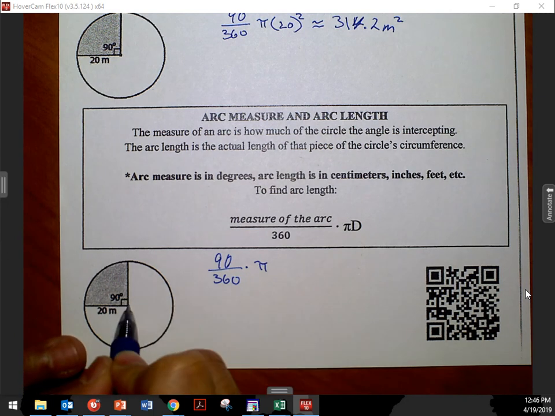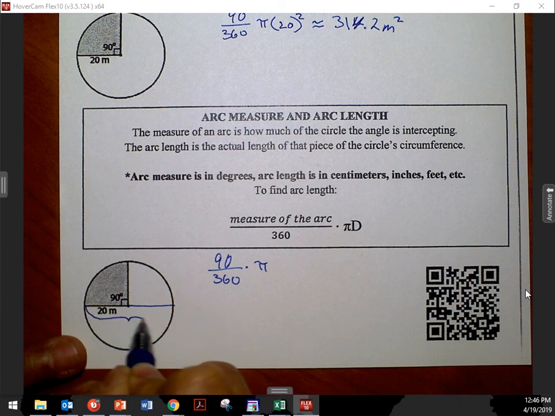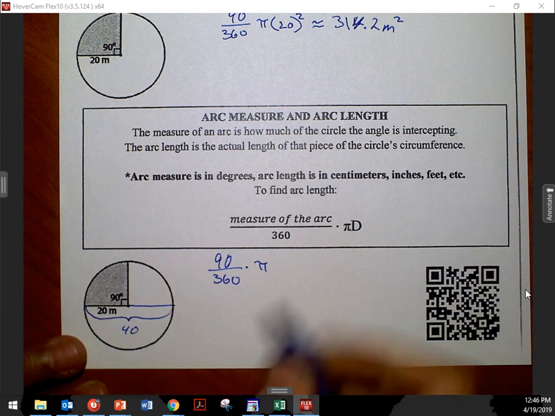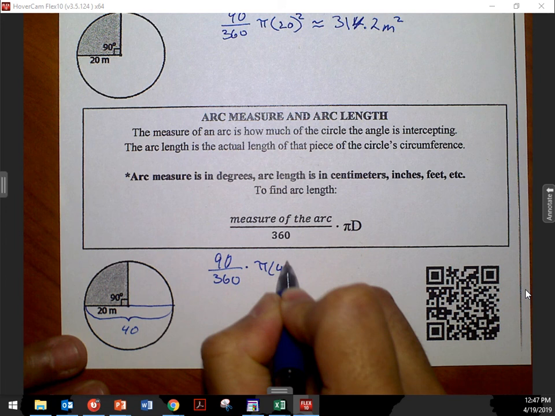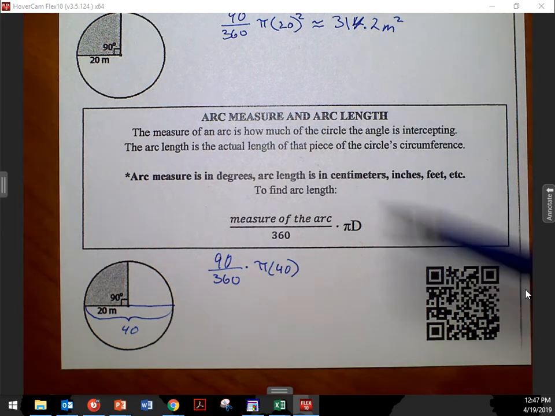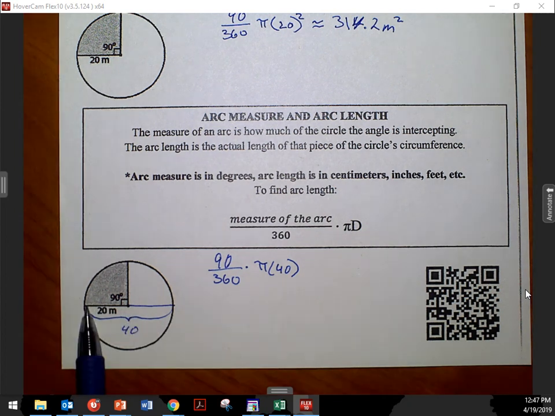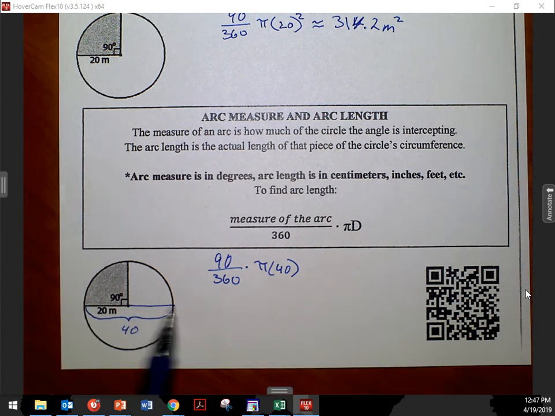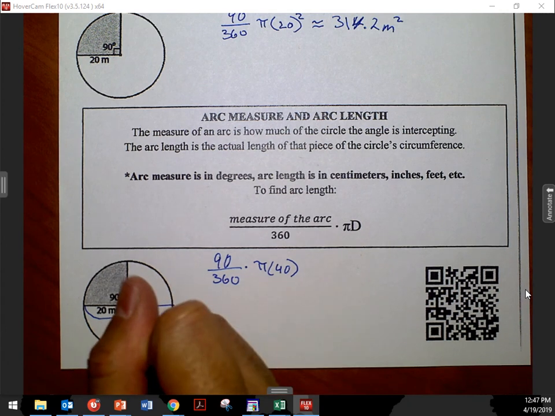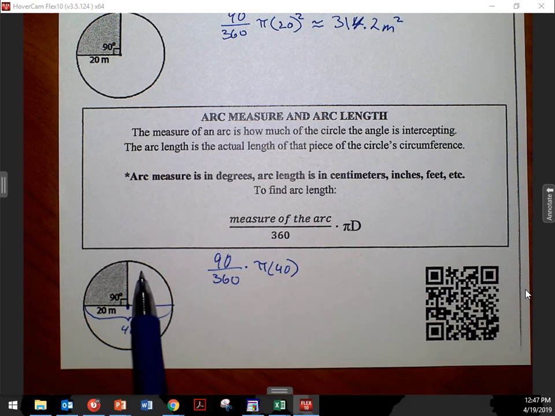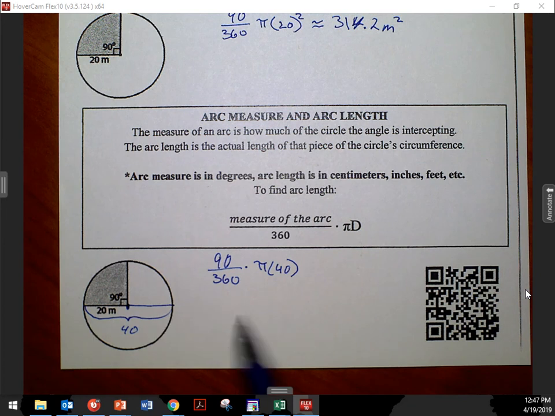It is 40, because diameter is all the way across the circle. Radius is only from the center to the edge, but the diameter is from edge to edge through the center. So you don't put square now? It's not square because I'm only talking about the crust around the outside. It's not the area. All right, go ahead and put this in the calculator, please.